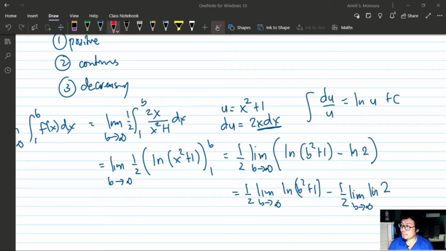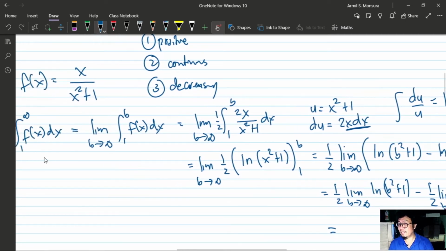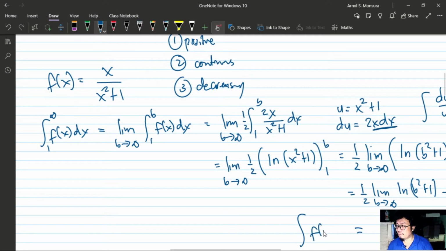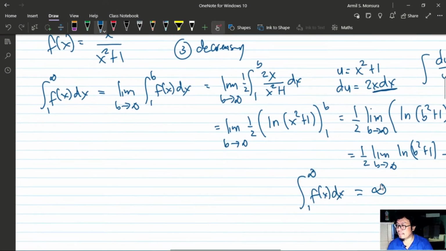That simply evaluates to 1/2 times the natural logarithm of 2. But here's the problem. We are actually being asked to evaluate the natural logarithm of an infinite number here. So therefore, we can conclude that this integral, the integral of f of x dx from 1 to infinity, is infinite.